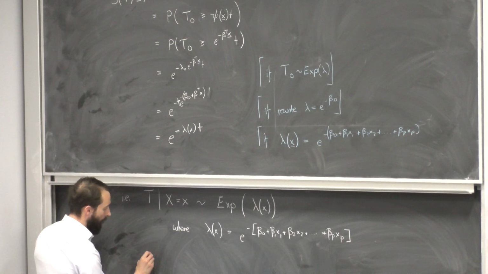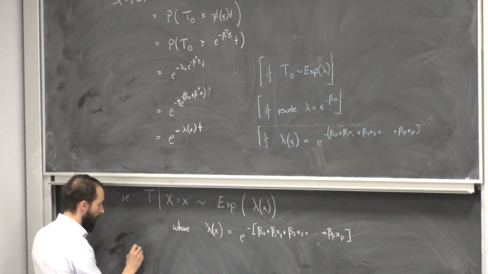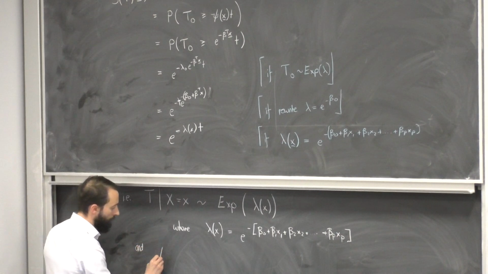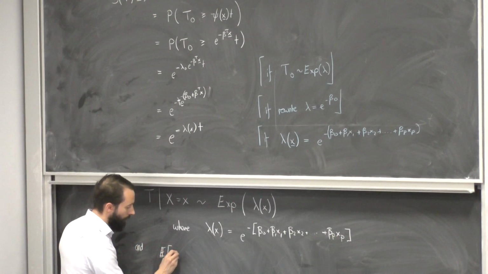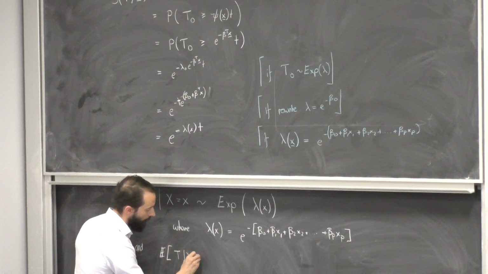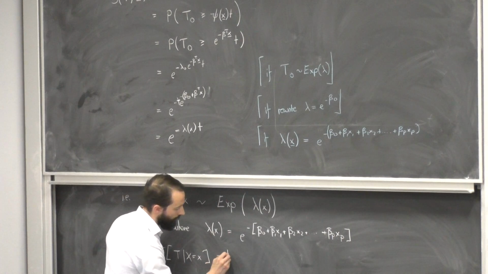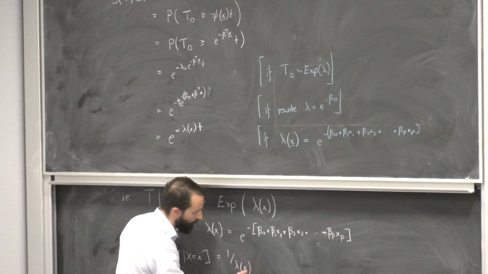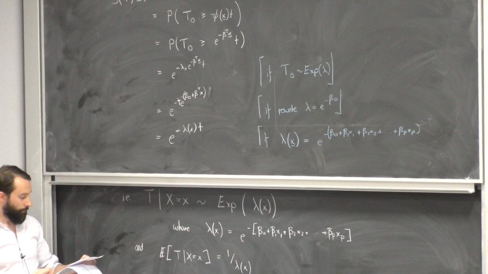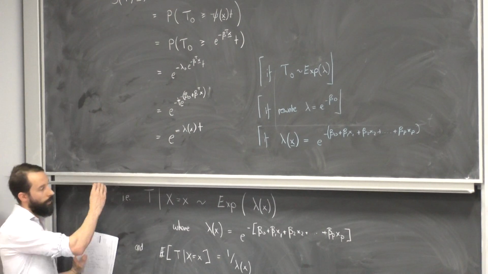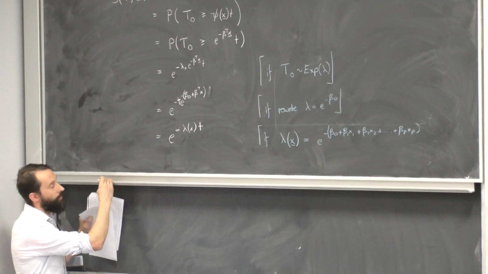So in particular, if I want to work out the expected survival time of somebody who's got variables x, then that is just 1 over their rate parameter. And I can use things like that.